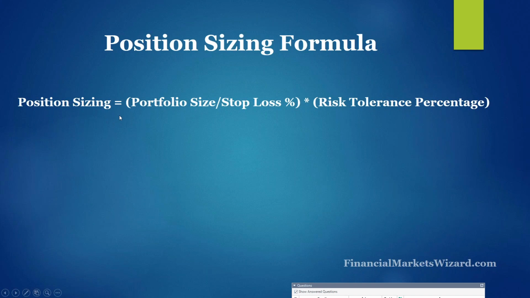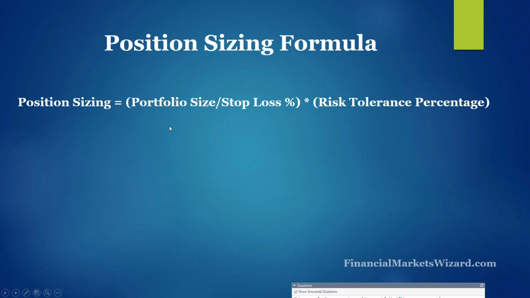The formula is this: portfolio size divided by the stop loss percentage, and then multiplied by the risk tolerance percentage. So you take your portfolio size and divide by the stop loss percentage, and then you multiply by the risk tolerance percentage.